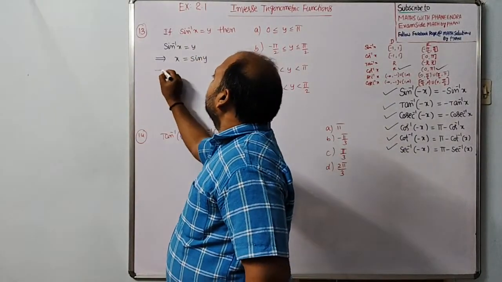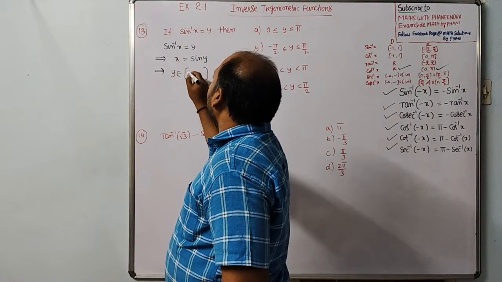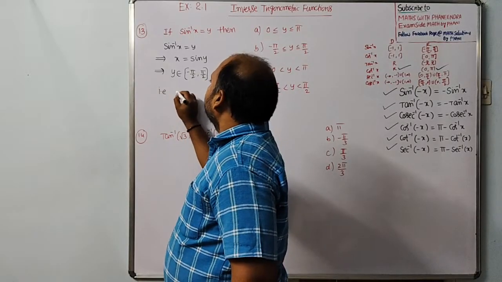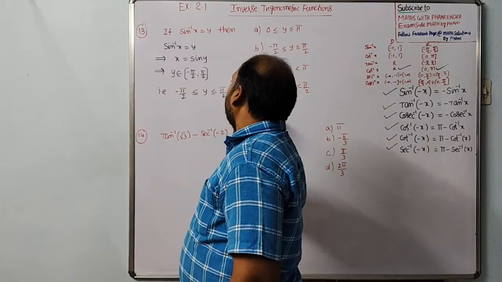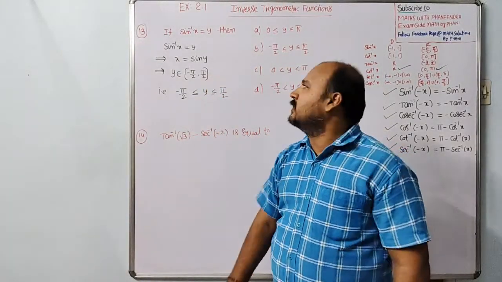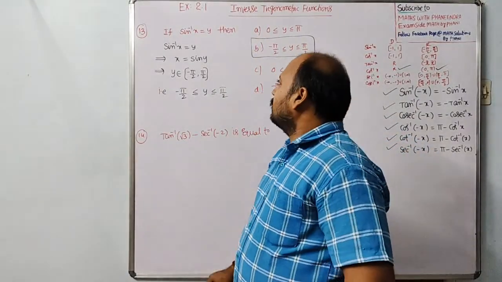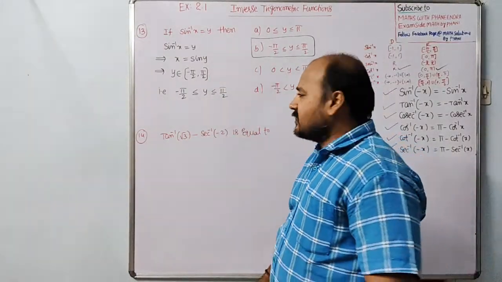So y belongs to the closed interval minus pi by 2 to plus pi by 2, that is minus pi by 2 is less than or equal to y is less than or equal to pi by 2. They indirectly asked the range of the sine inverse x function. So it is there in the second option, dear students. This type of question we can expect in DSC also, like school assistant mathematics.